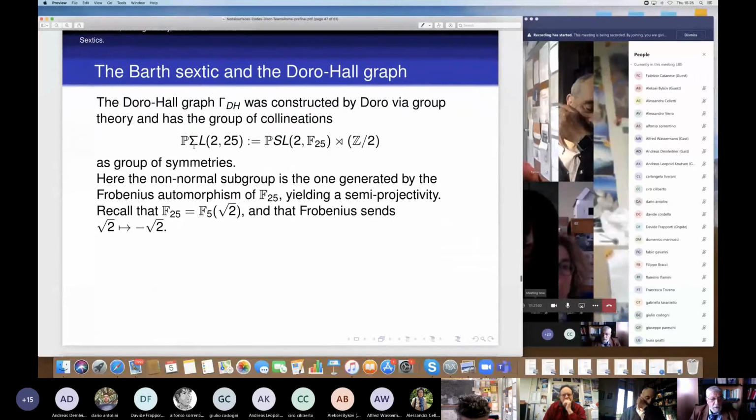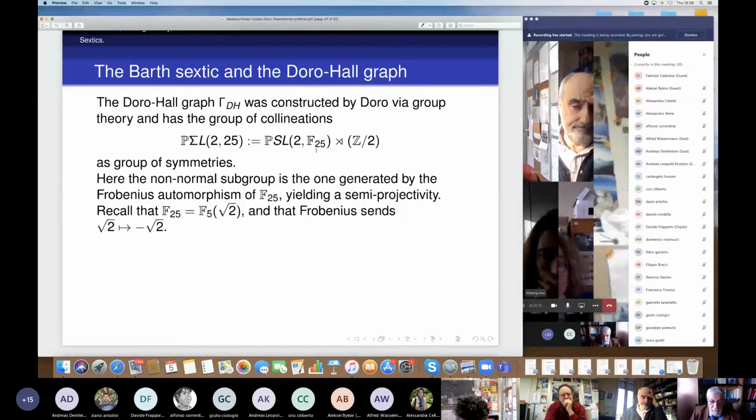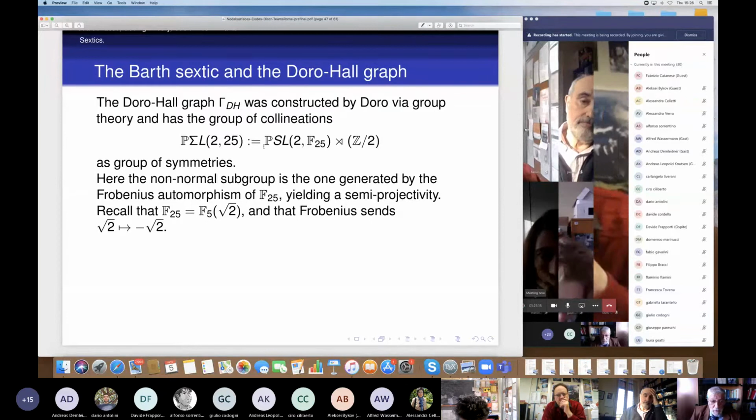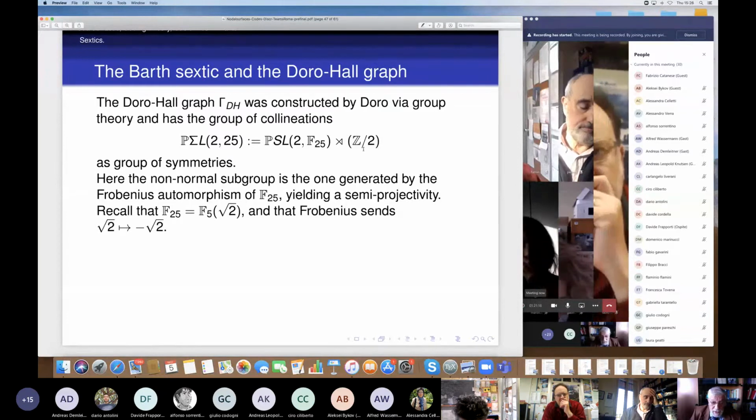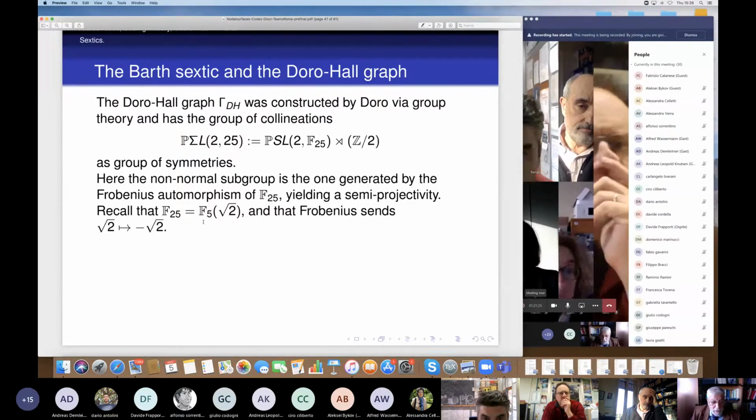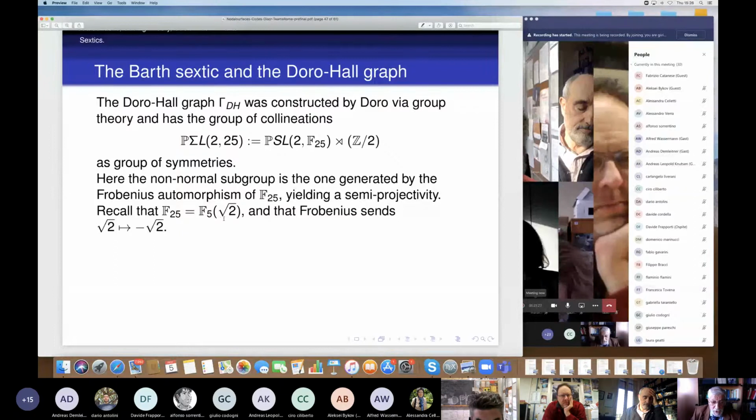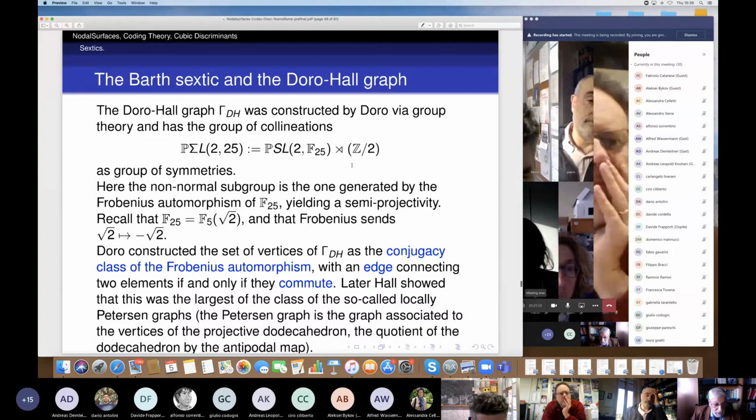So this Doro Hall graph was constructed by Doro via group theory. You take the group generated by collineations over the projective line of a field with 25 elements. You have all the projectivities and the semi-projectivities which are induced by the Frobenius. F25 is obtained from the field with 5 elements by adjoining the square root of 2, and Frobenius sends the square root of 2 to minus the square root.